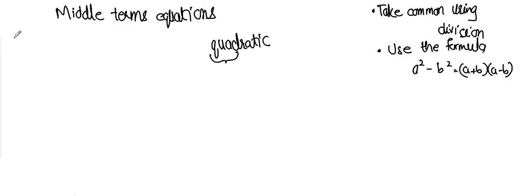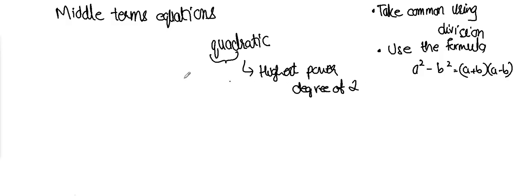He was thinking that quadratic is derived by the word quad, which means four. No, no, no. Quadratic equations are those types of equations that have highest power degree of 2. So it could be, let's say, 5x squared plus 25x plus 36. So what's the highest power degree here? It's 2.